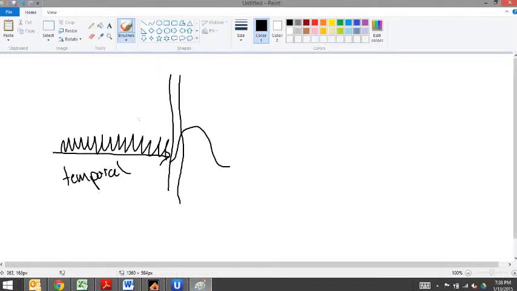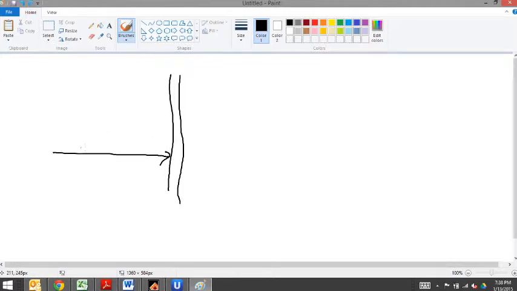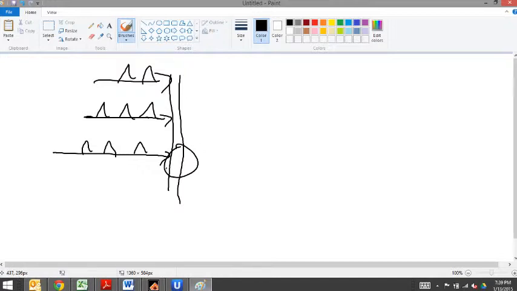Whereas if we had instead a few signals that were firing here, and then a few signals that were firing here, and then a few signals that were firing here, that all added together at about here and created a very large excitatory signal, that would be an example of spatial summation.